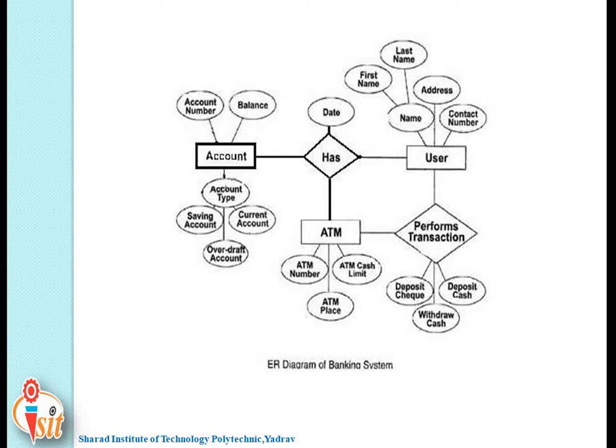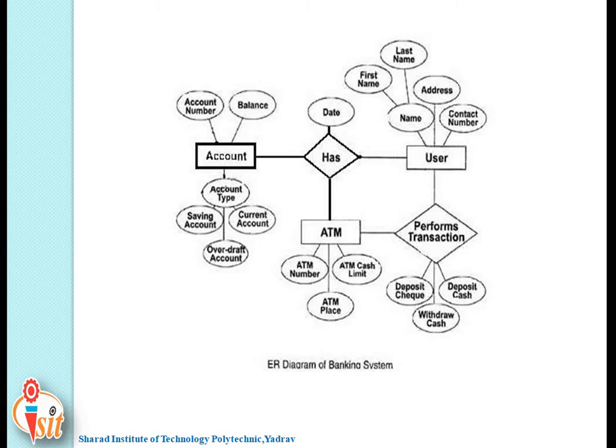Here is the diagrammatic ER diagram of the banking system, in which there are again three main entities: account, user and ATM. Again, there is a relationship between ATM and user, and account and user.